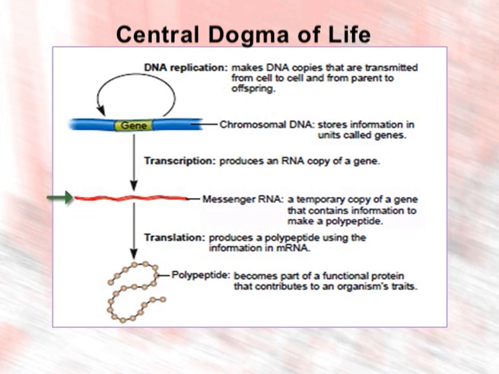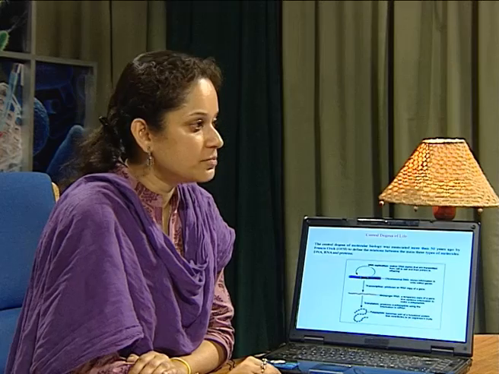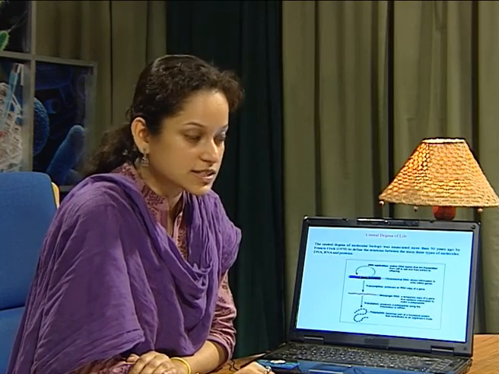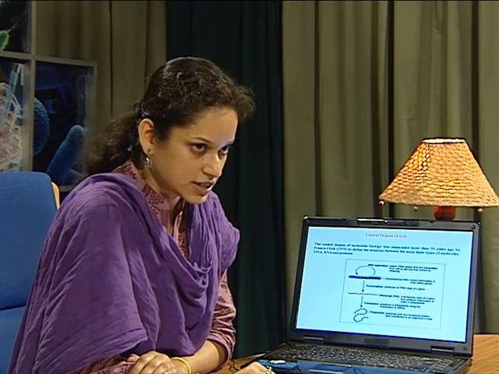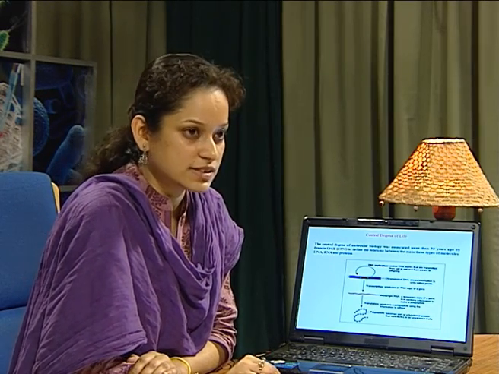Thus, the mRNA, which stands for Messenger RNA, carries a series of codons, according to which the amino acids are added in a polypeptide sequence. Now, the phenomenon by which the DNA is converted to mRNA is known as transcription. After mRNA is synthesized, it is through the process of translation that the protein is synthesized.